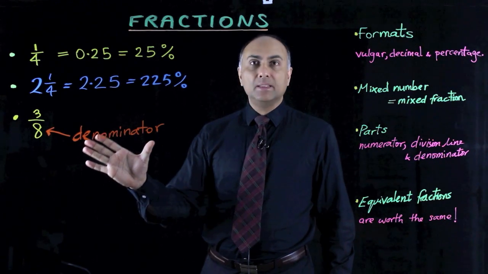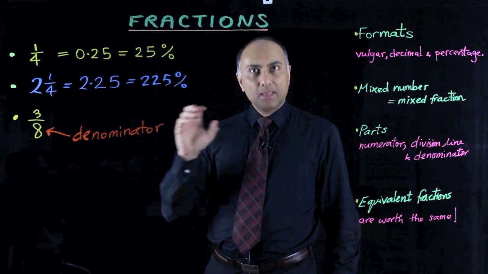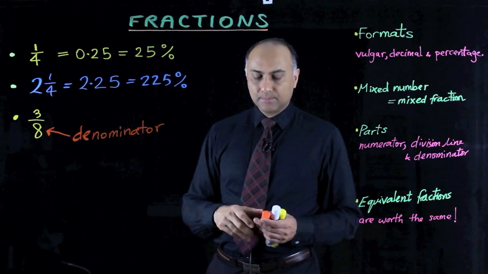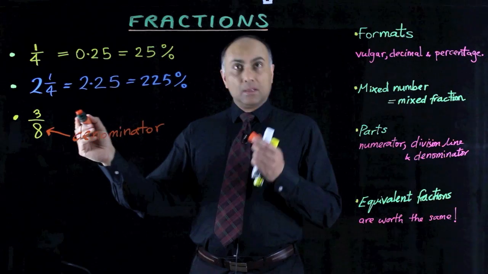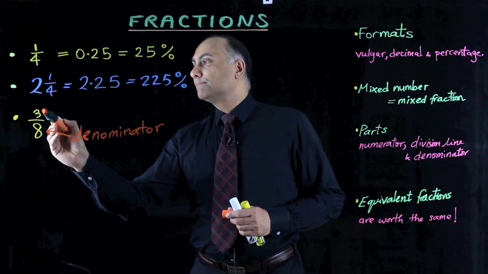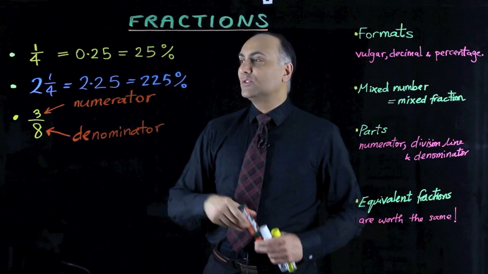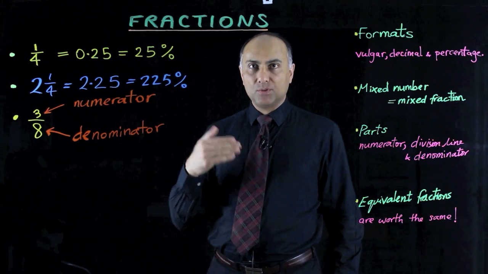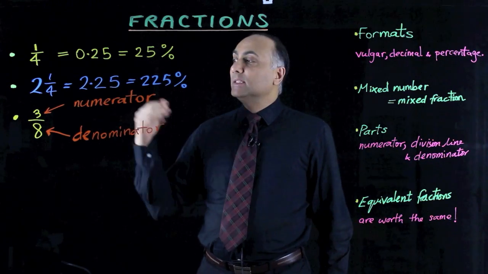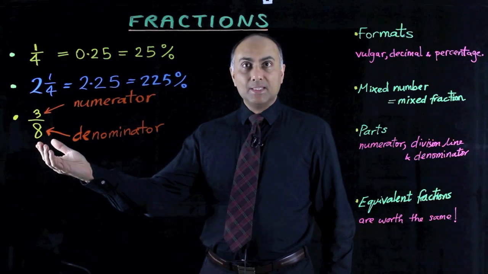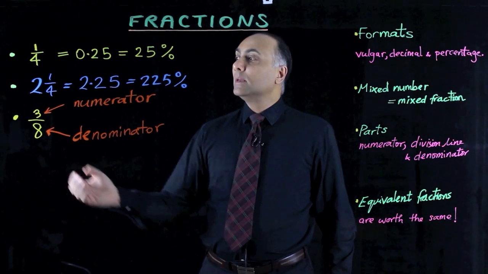So that is the number of equal parts that the whole is divided into. The number at the top is called the numerator. And notice again, it's written with an OR ending but pronounced numerator. The numerator is how many of those pieces we have.